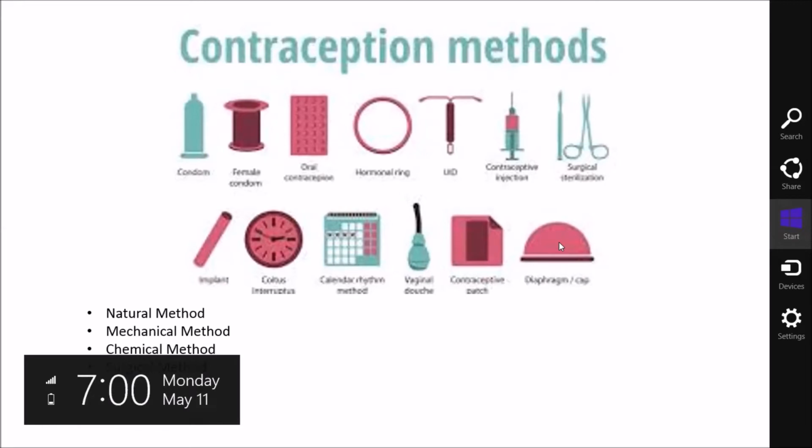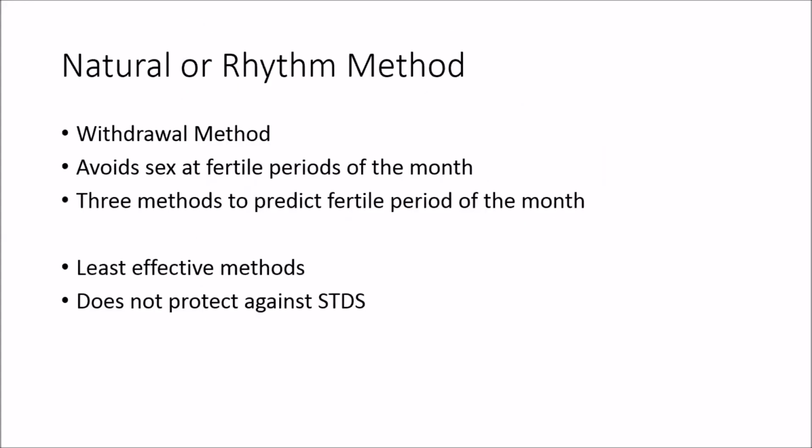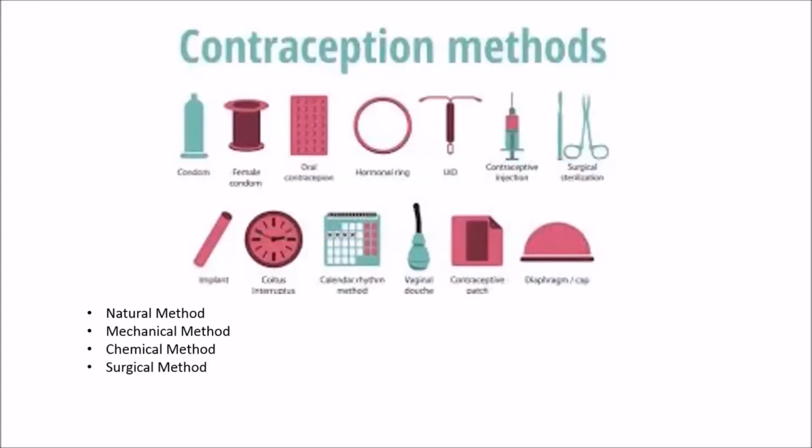But when it comes to contraception methods, you can generally put them into 4 categories. You have a natural method. With a natural method, this is a method that is not going to use any chemicals or any devices. You have a mechanical method.